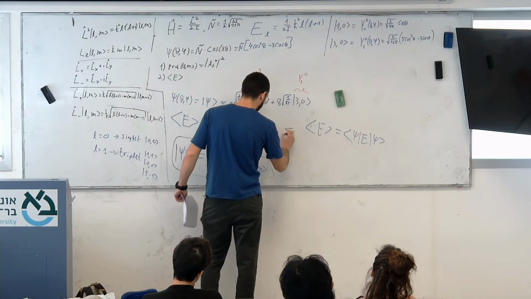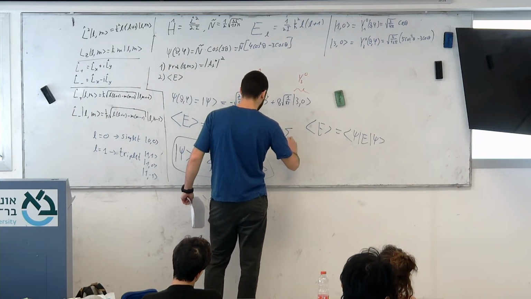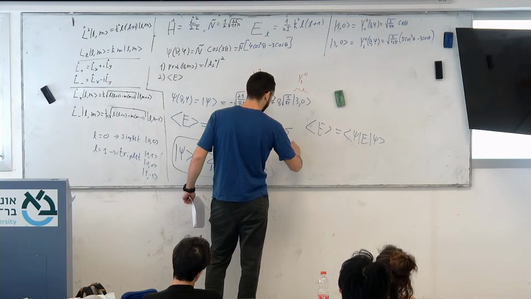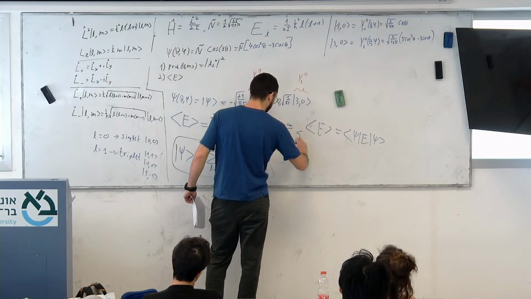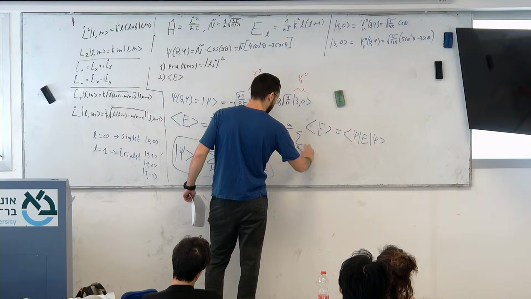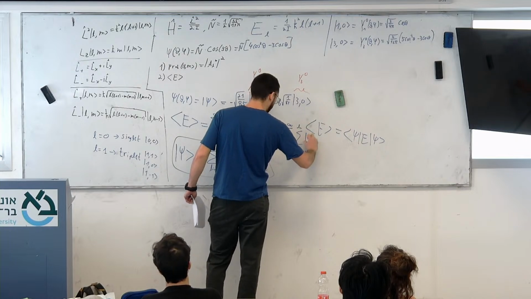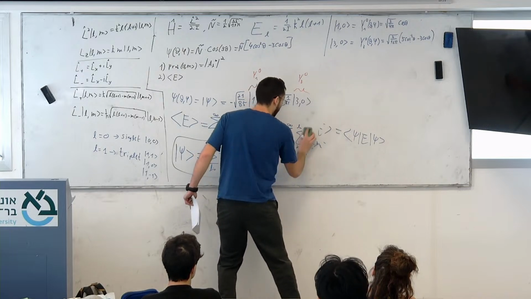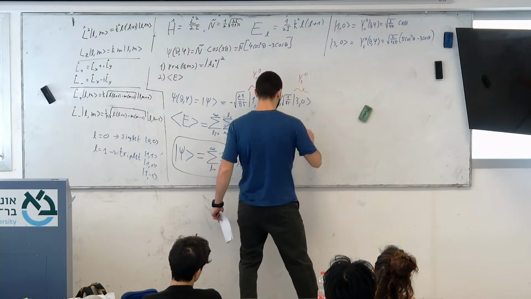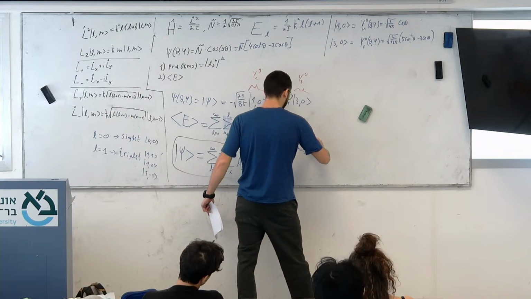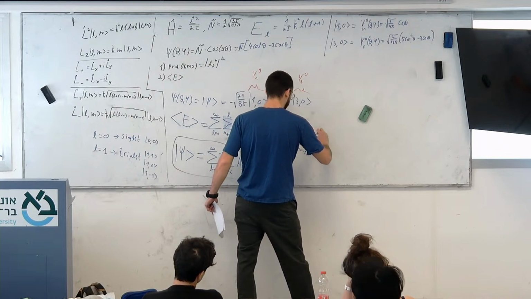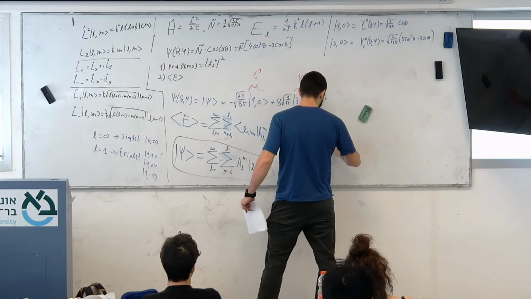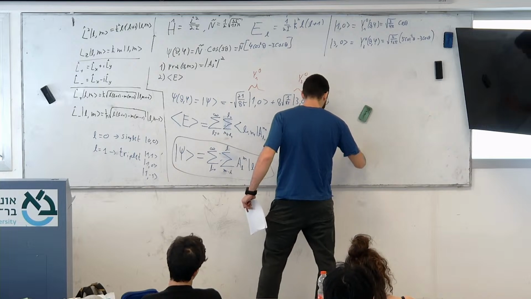And then we're going to have another two sums, L2 equals 0 to infinity, M2 equals minus L2 to L2, then A_L2M2, Y_L2M2.